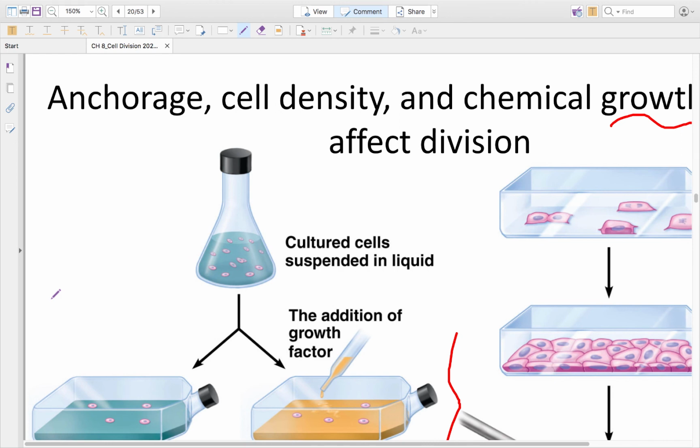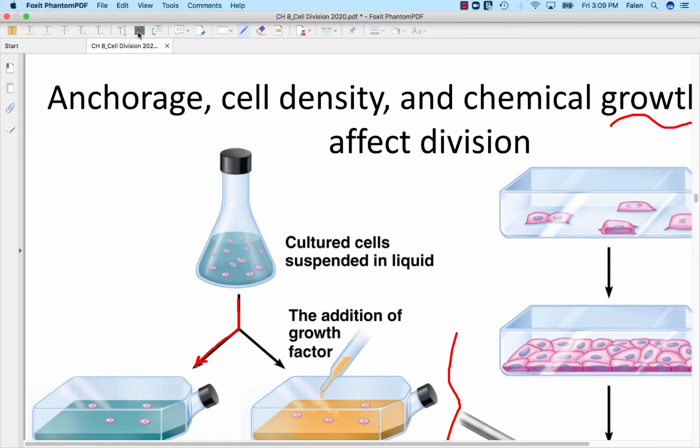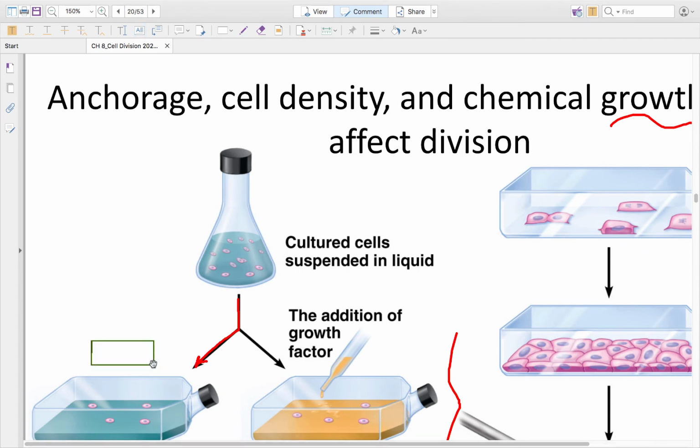So if we count up the cells, they've been separated here. There's no treatment. This is a control. And this is an experimental group.